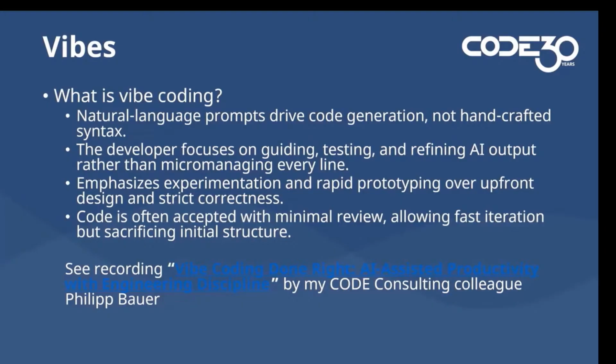And the code is often accepted with minimal review, allowing for fast iteration, but again, sacrificing initial structure. So this is where developers come in, right? This is where you're guiding the AI and giving it instructions on what that code should look like, and letting the AI fill in the gaps.